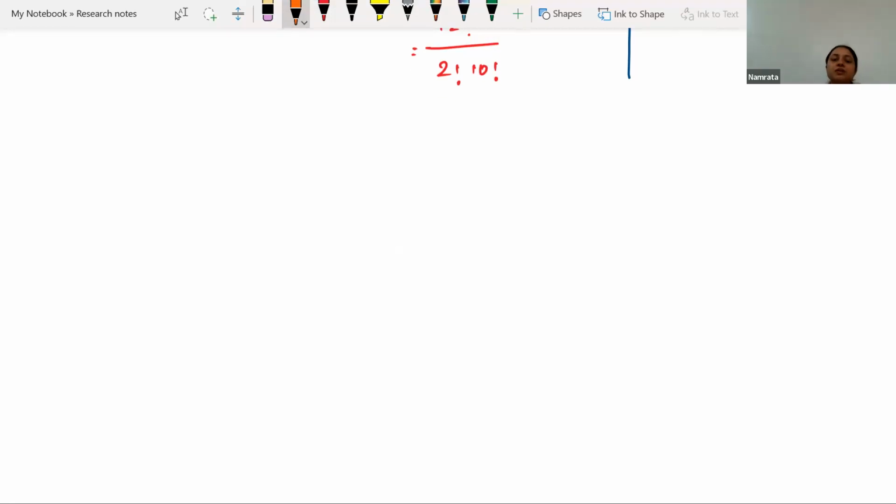Do you know this formula? Inclusion. I'm just giving a different name to this formula. Once I write the formula, you check whether you know this formula or not.